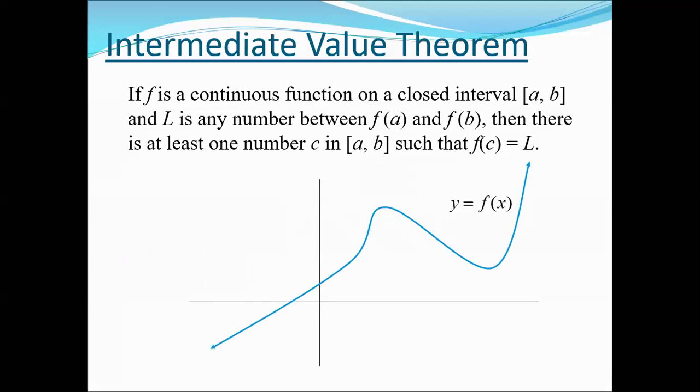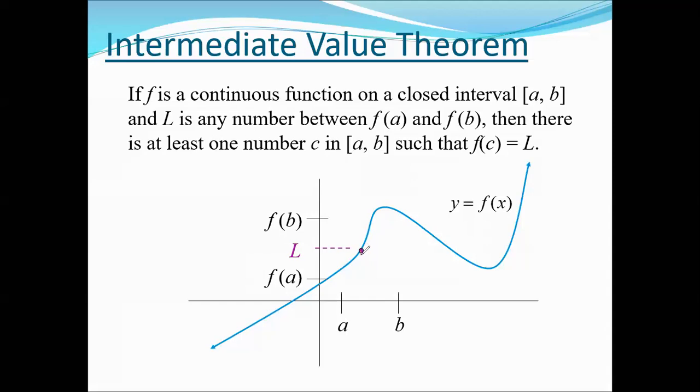Graphically, suppose this is your function y equal to f of x, with two points a and b, so here is a and f of a, and point b and f of b. Whenever we take any number L between f of a and f of b, we get a point in between a and b.